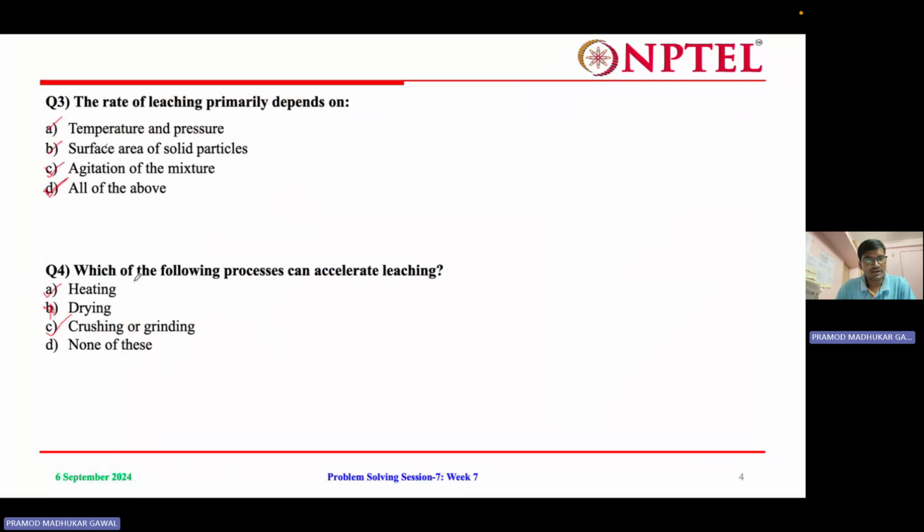And crushing and grinding give a small particle size, which provides more surface area, so more interaction between the solute and the solvent. So A and C can accelerate the leaching process, heating and crushing and grinding.